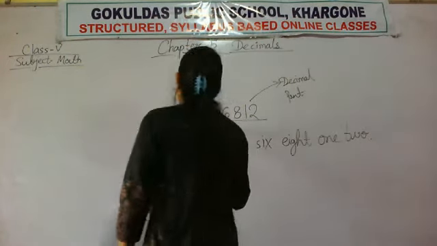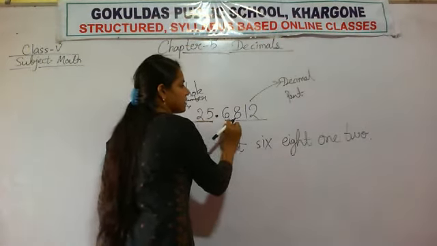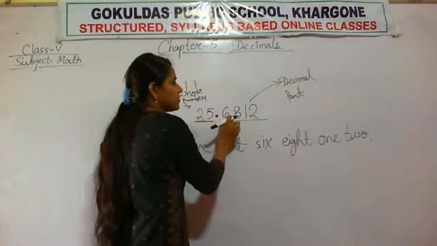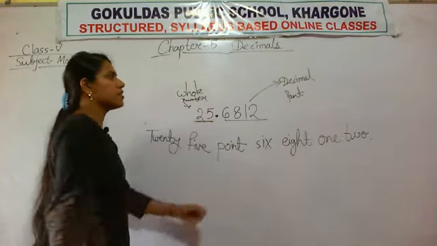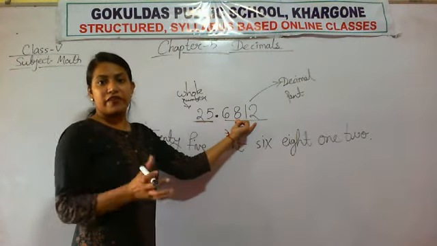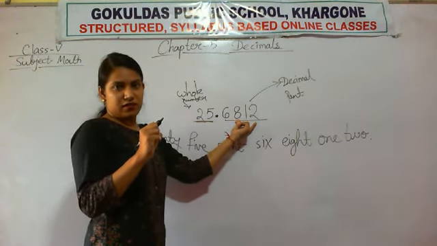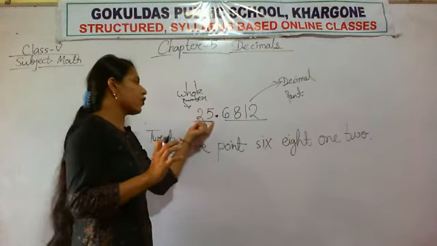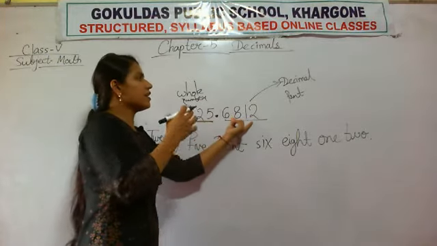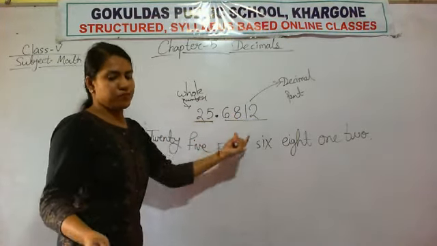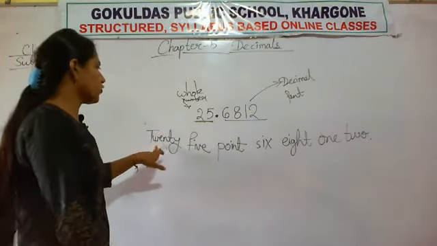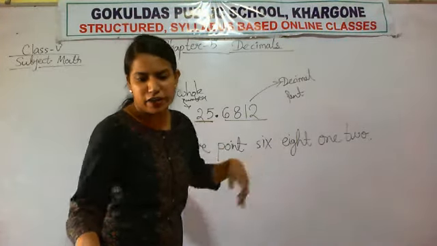Means I read this number as 25 point 6 8 1 2, not like 25 point 6812. Means the decimal part I will not read together. Now you understand how we read decimals? We read the whole number together and the decimal part separately. Means each digit I will read individually.